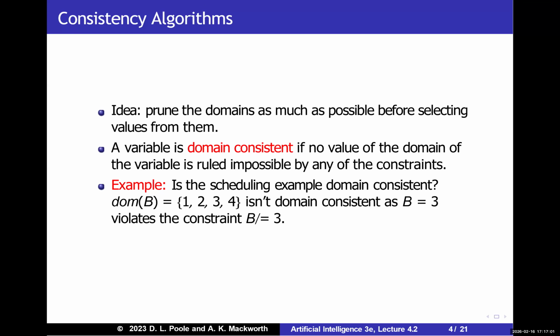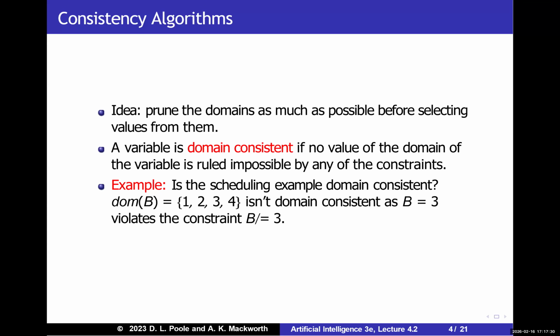And then consistency algorithms try to reduce the search space before we begin deep exploration. So instead of waiting for a full assignment to fail, we remove impossible values early. A variable is domain consistent if every value in its domain could still participate in a valid solution. If a value already violates a constraint, it should be removed immediately.